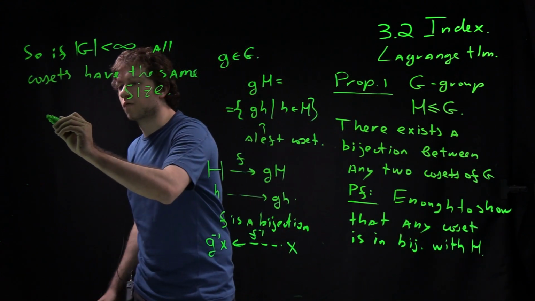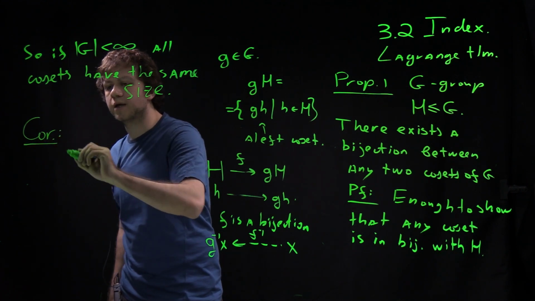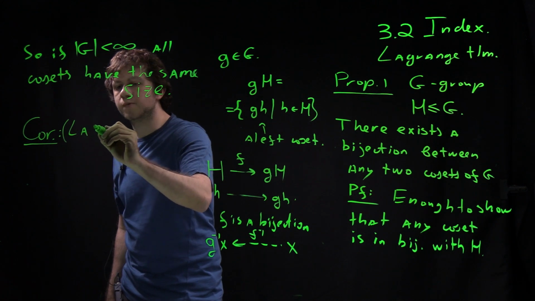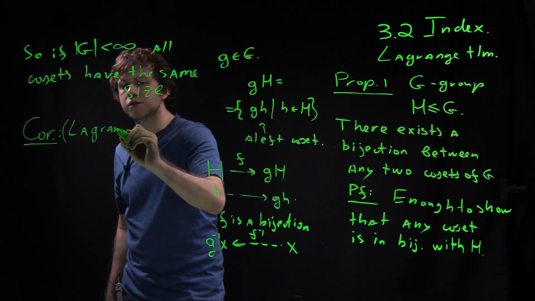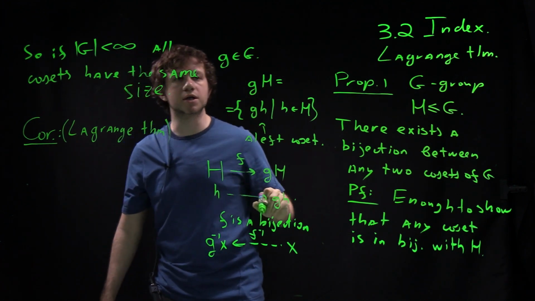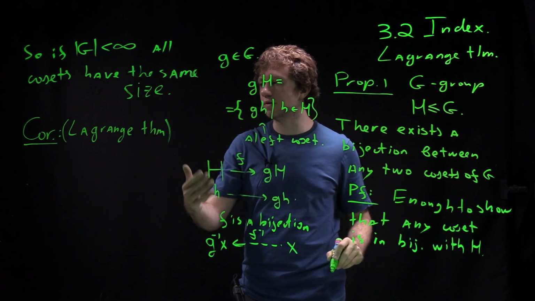Okay, so of course it has a corollary. And the corollary is what's called Lagrange theorem. And we discussed its special case, and the special case was that the order of any element divides the order of the group.